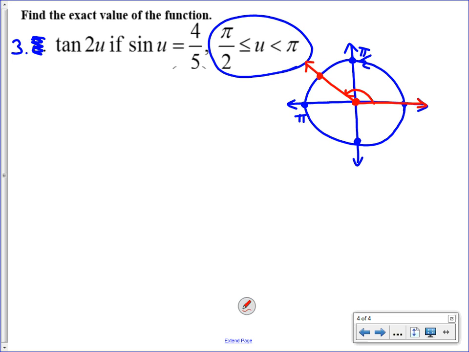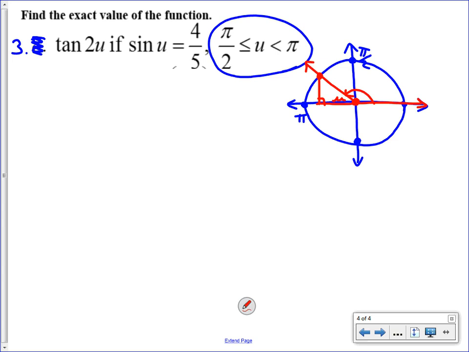So essentially this is our reference angle, but I'm going to call it u because remember that if you're given an angle and its reference angle, they both have all the same trig values. So what we're going to do is turn this into a right triangle.